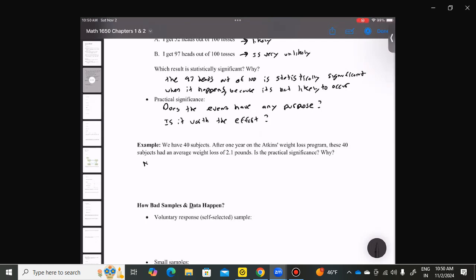No, this is not practical because it's not enough weight loss in a year to be worth doing the program.